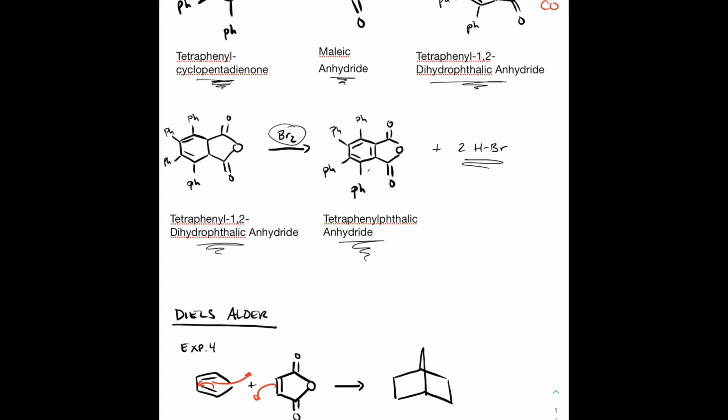Since it's a 5-membered ring, a cyclic diene, we have a bridged compound, and remember that the endo product is going to be desired just because of the stability of the transition state. We have a secondary orbital overlap with those carbonyls on the maleic anhydride. And I've highlighted the bonds in red that are formed, just to point that out for you guys.